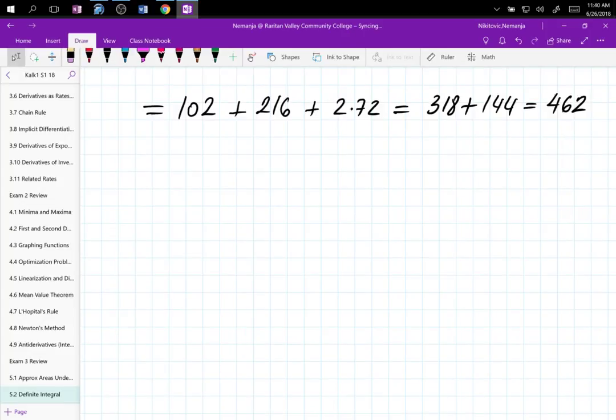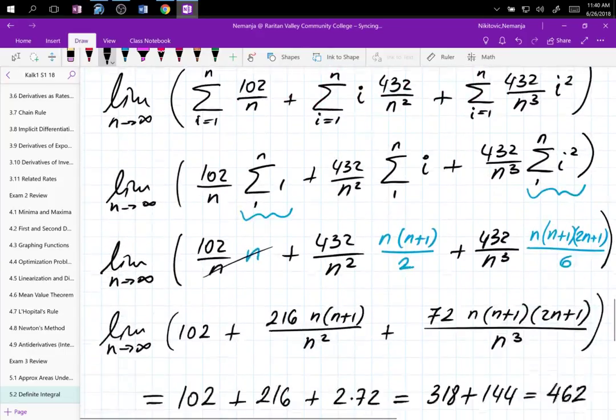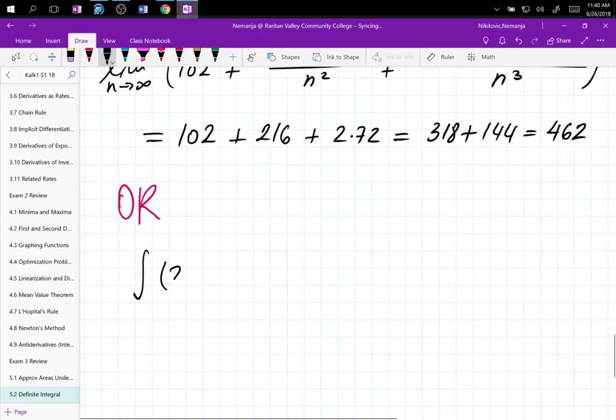Let's do something else now. The integral of, what was the problem? 2x squared minus 1 from 3 to 9 dx. Well, you haven't seen this before.